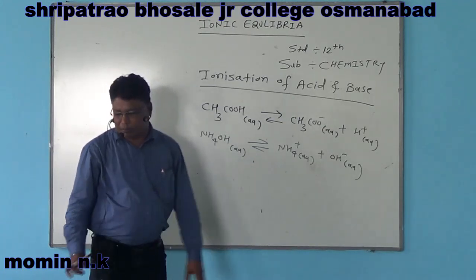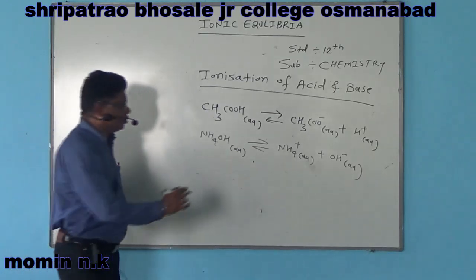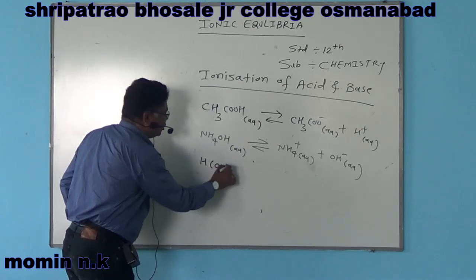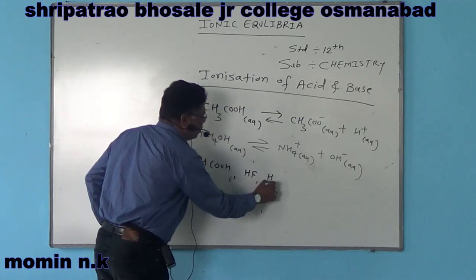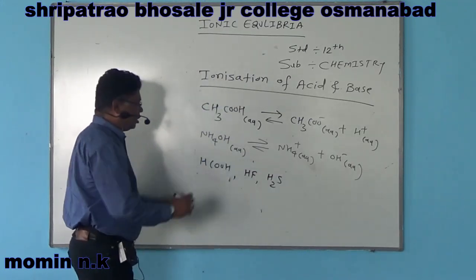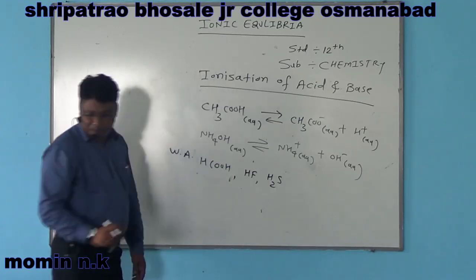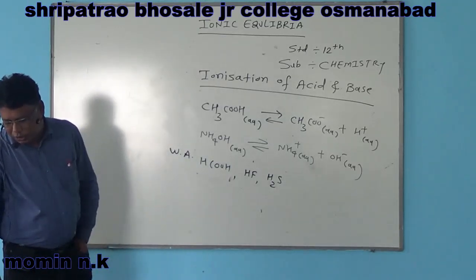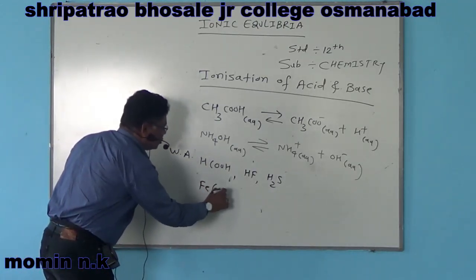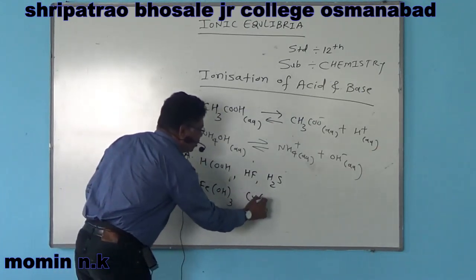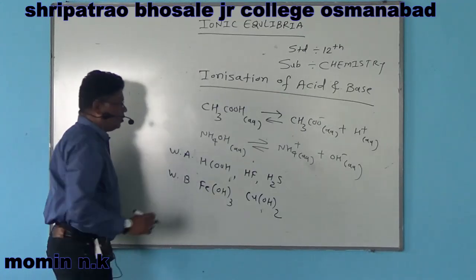Here, formic acid, hydrogen fluoride HF, and hydrogen sulfide H2S are examples of weak acids. Similarly, Fe(OH)3 and CuOH, ferric hydroxide and copper hydroxide, are examples of weak bases.